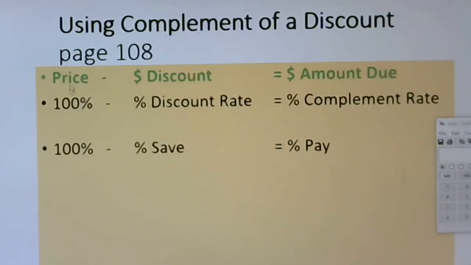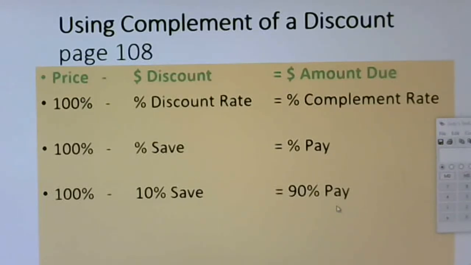So the price is 100% minus the percent that you save equals the percent that you pay. If you're going to save 10%, then you're paying 90%. 100% is the price.